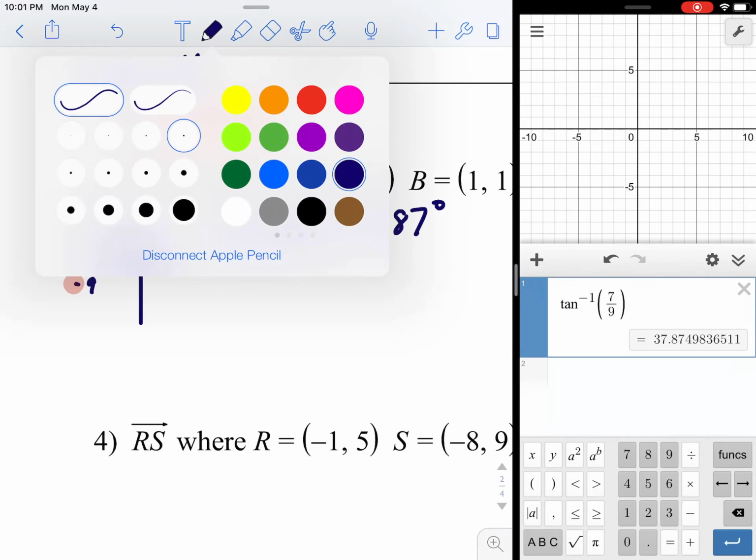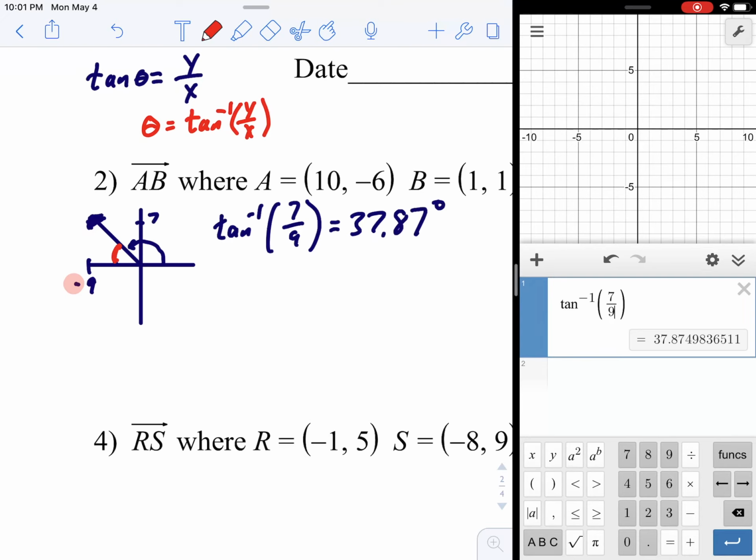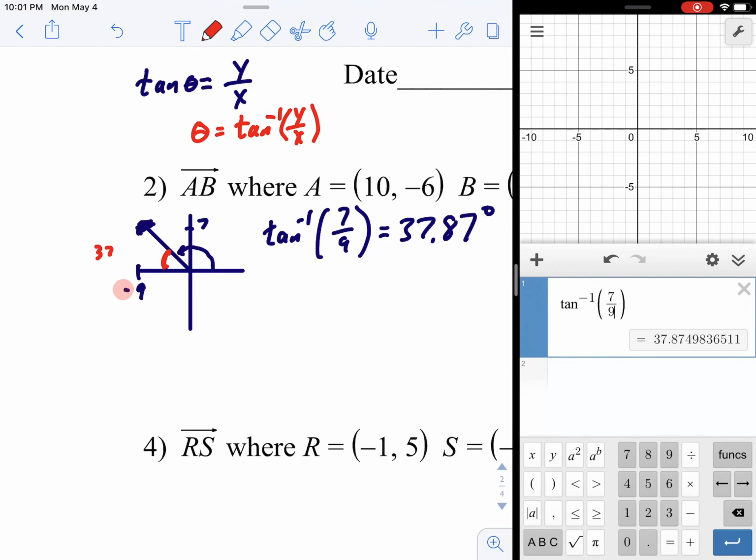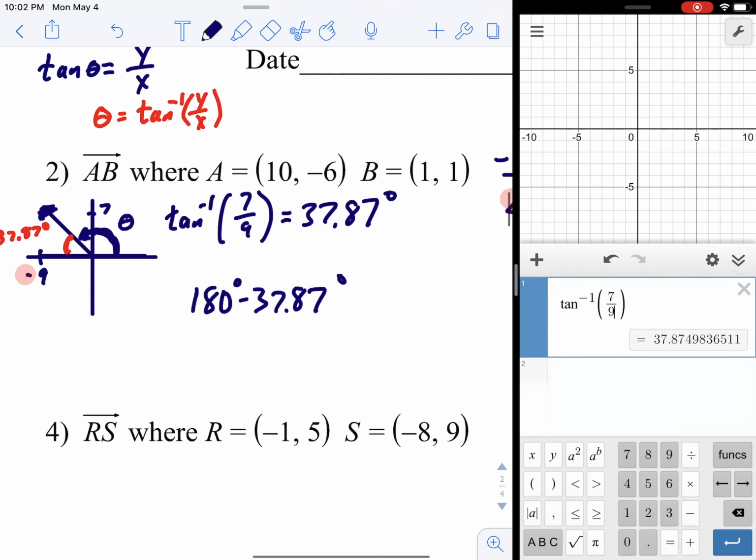Here, I'm going to actually change colors. This angle right here is 37.87 degrees. But the angle of the vector is right here. That's what we're trying to find. So, what can we do? Well, remember the x-axis is a straight line, and a straight line is 180 degrees, so you can take 180 minus 37.87, and that'll give you this theta measurement right there.